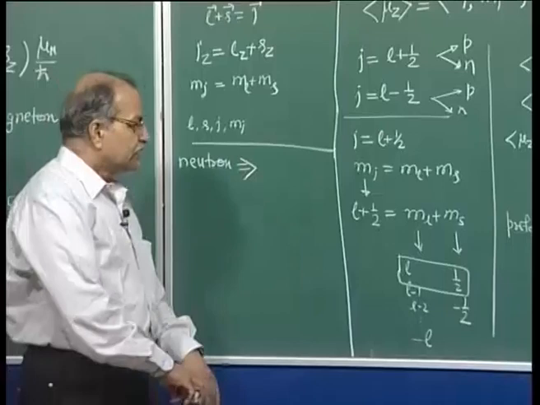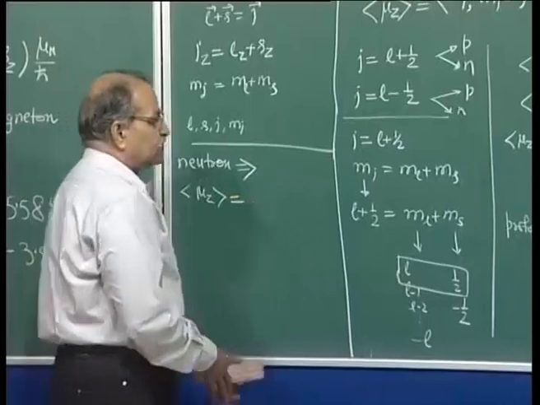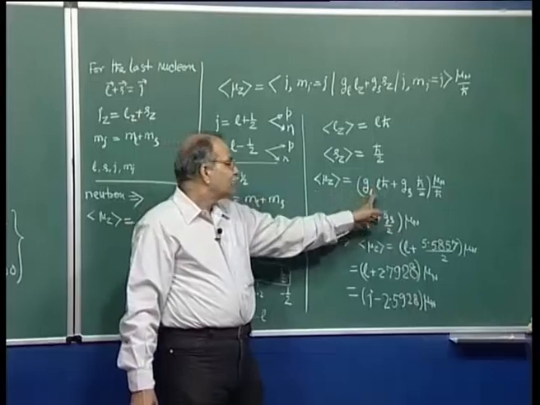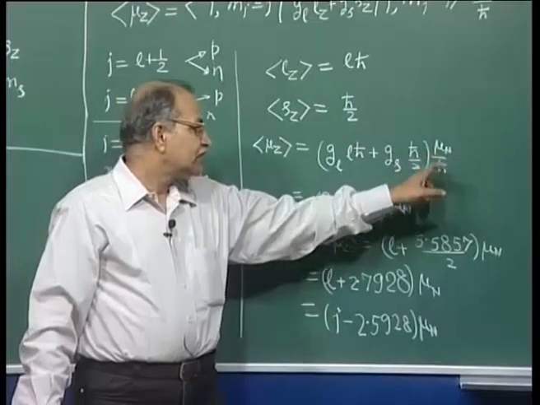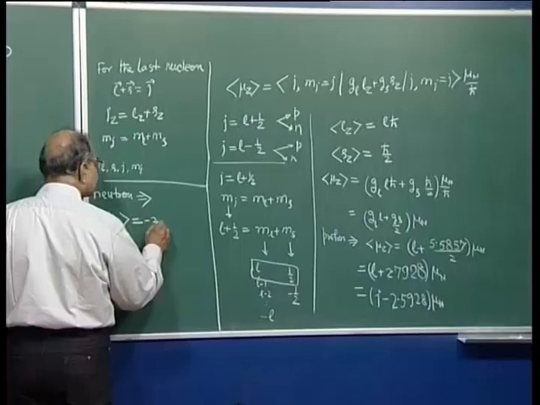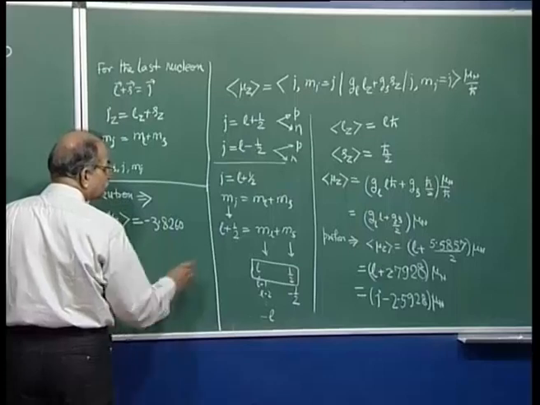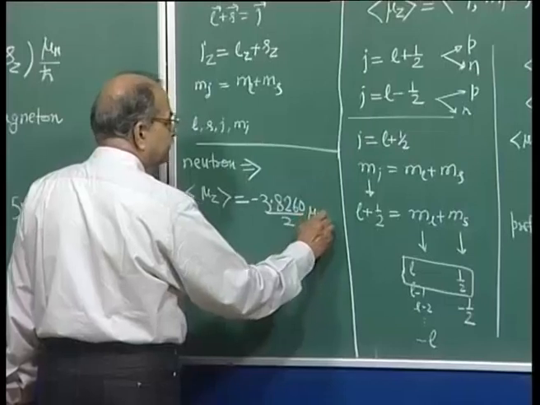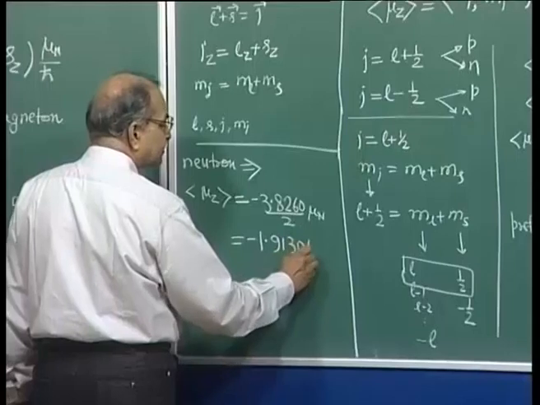So, in that case you will have mu z equal to GL for neutron, how much? GL for neutron is 0, so this term does not come. It is just GS, which is minus 3.8260, divided by 2 times mu n, which should be minus 1.9130 mu n.